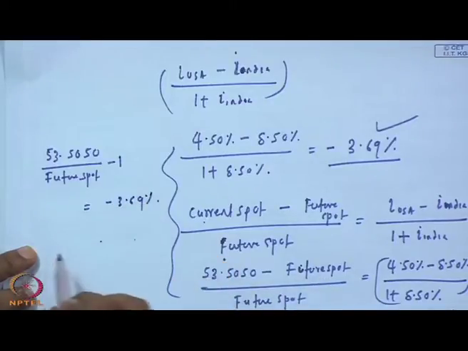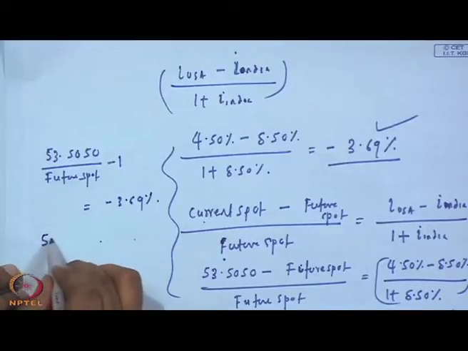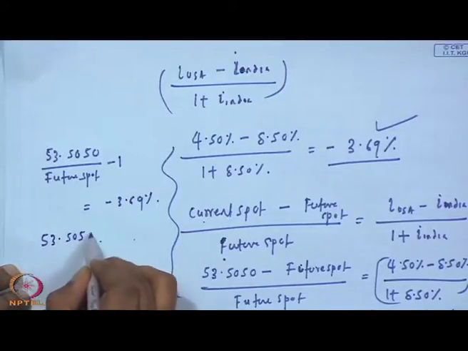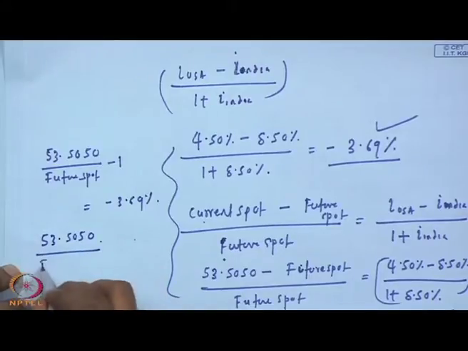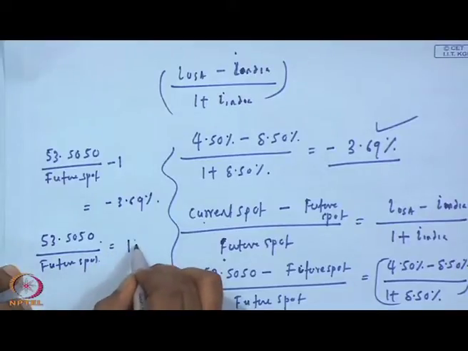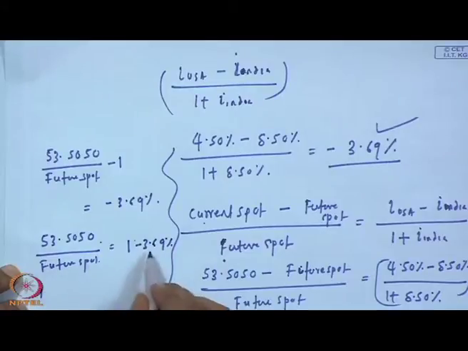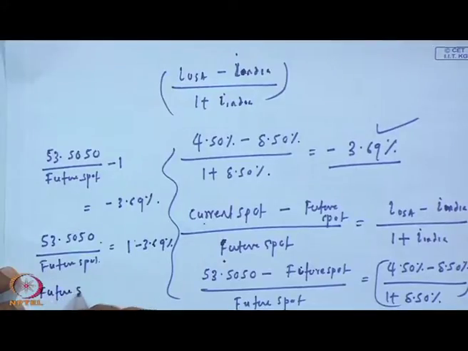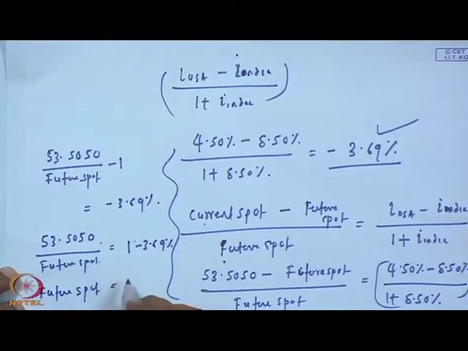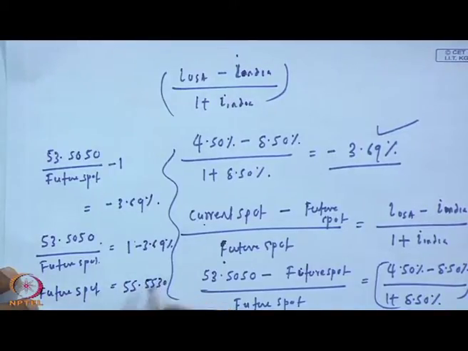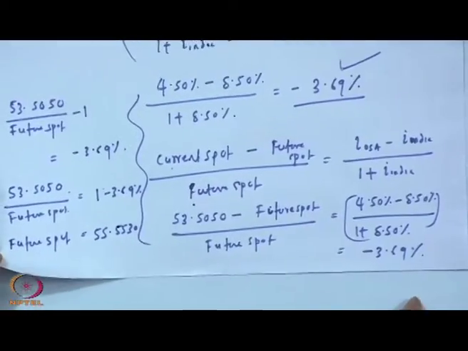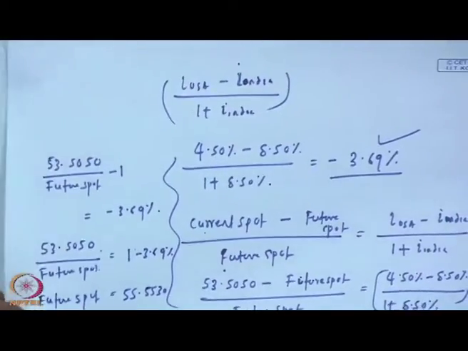In other words, 53.5050 by future spot will be 1 minus 3.69 percentage, that is 1 minus 6.39 percentage. If you solve this, the future spot will be something around 55.5530. That will be our calculation process of future spot.